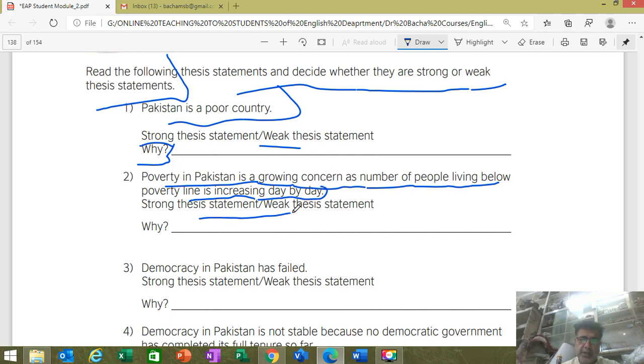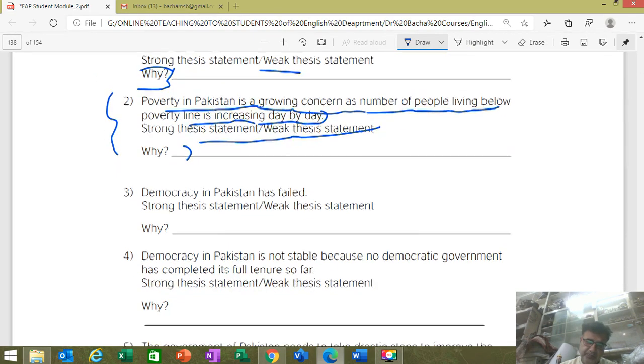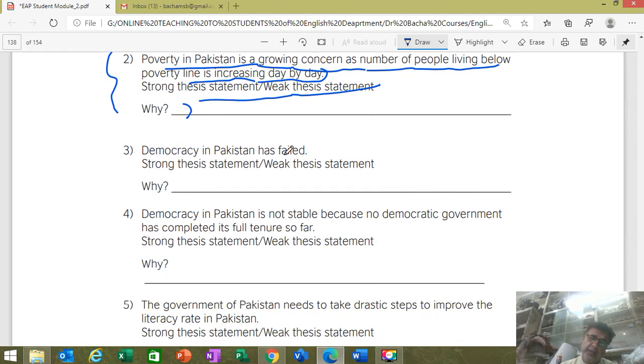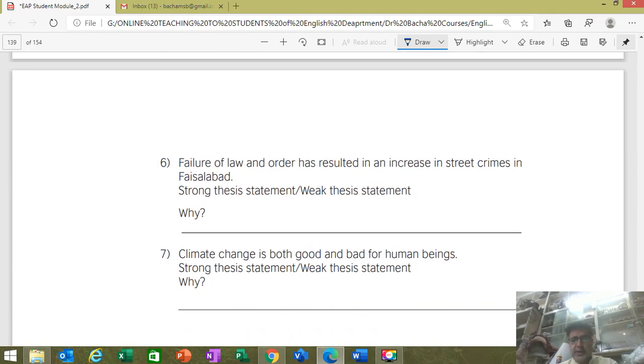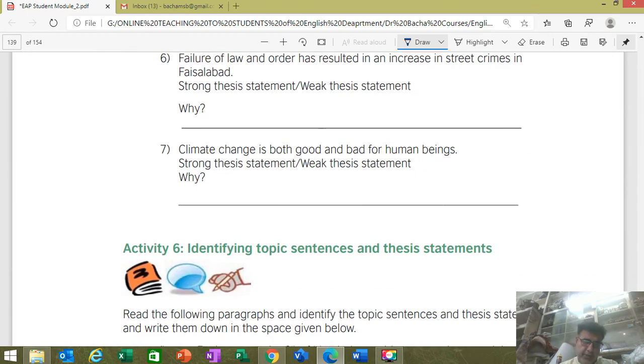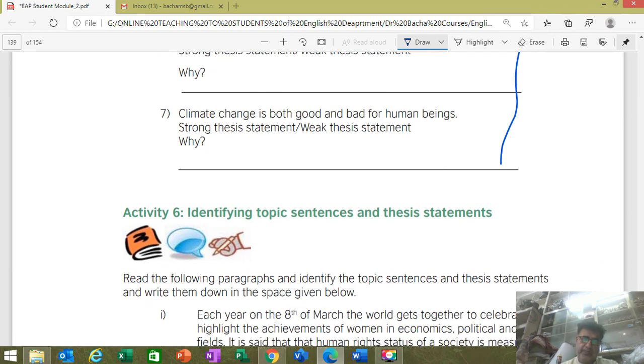So is it a strong thesis statement or not? Democracy in Pakistan has failed. Again you have to similarly say about it, and there are 4 sentences up to this 7, and then you have to say your reasons and justify why it is so.